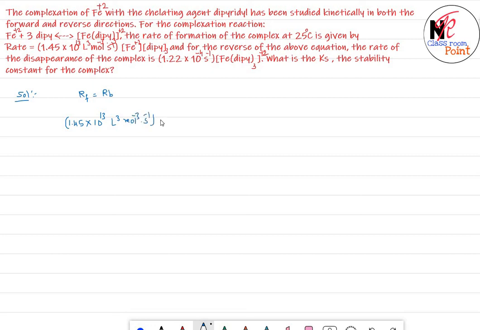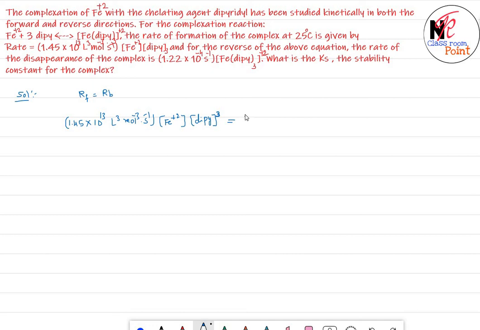Next, continuing this part, Fe2+ times dipyridyl equals this value, the rate of disappearance.